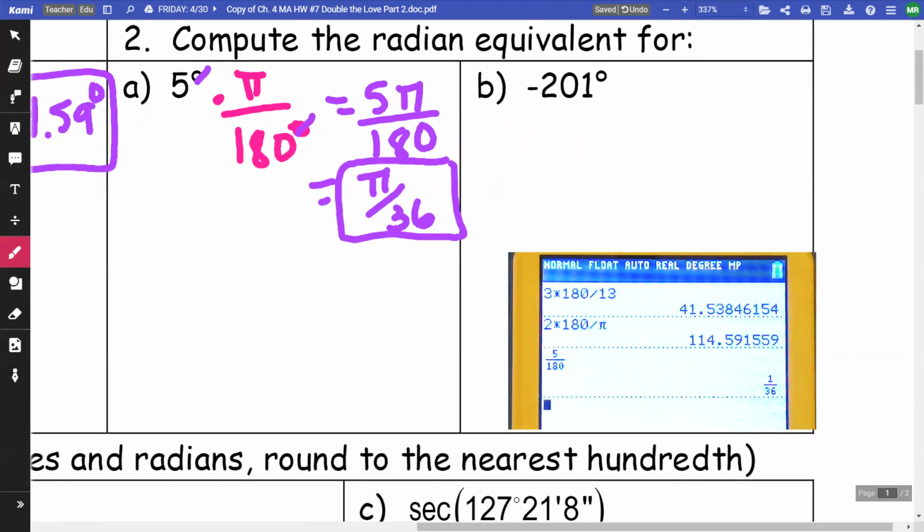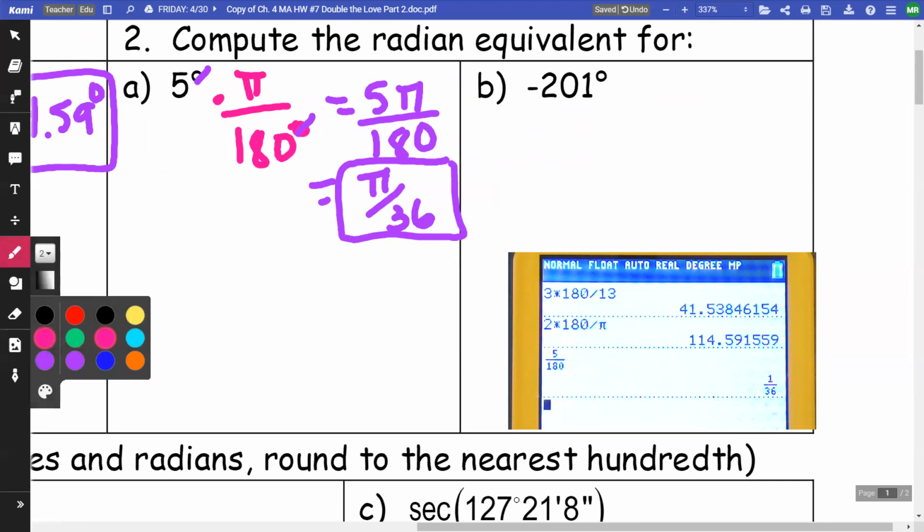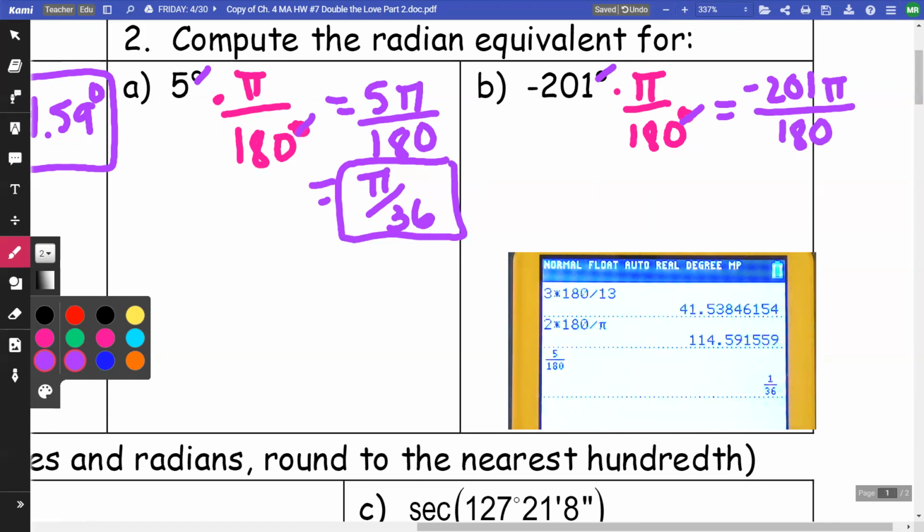On B, same idea. I am going to multiply by pi over 180 degrees, and again the degree measure is going to cancel out. And so I get negative 201 pi over 180.